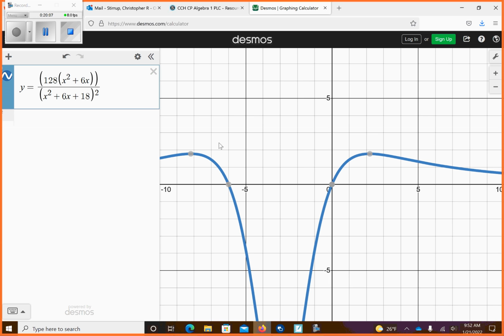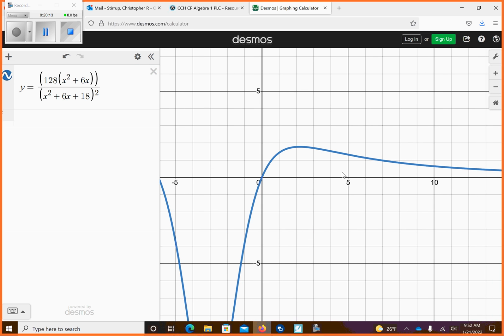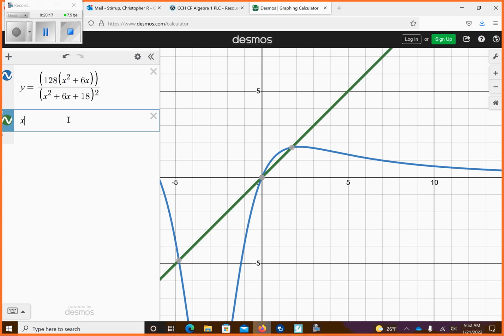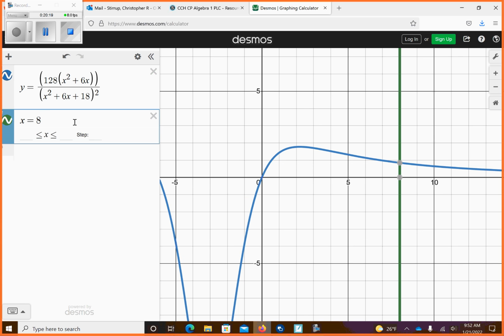All right, so we're looking at 8. I'm going to go x equals 8.